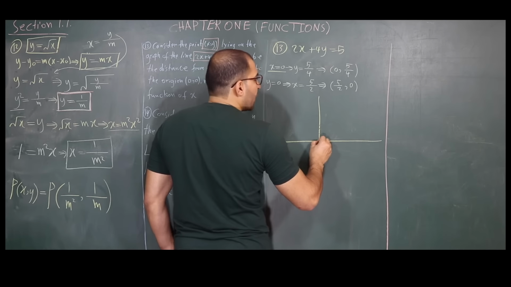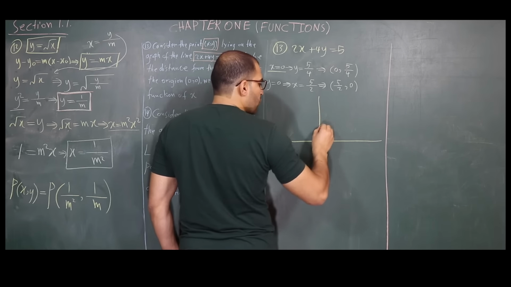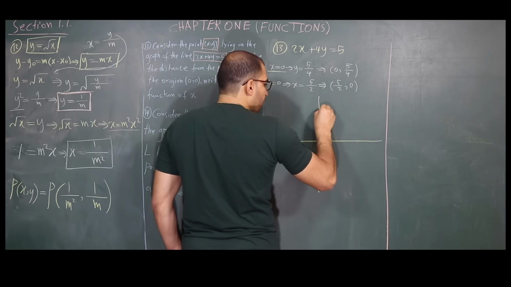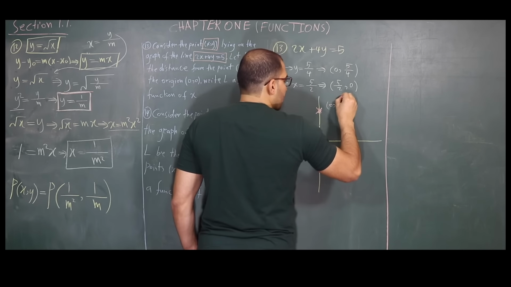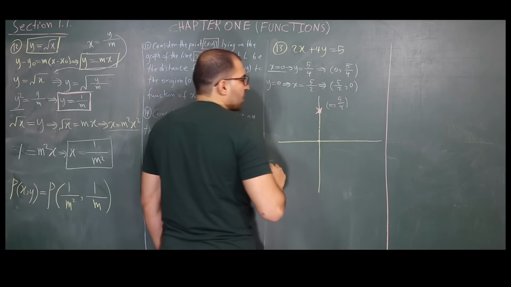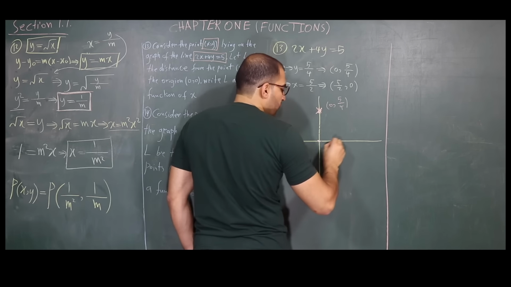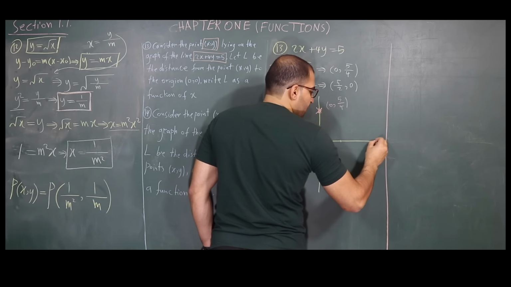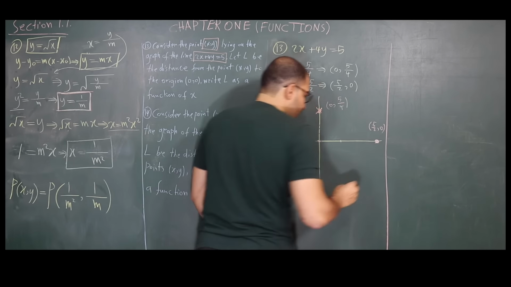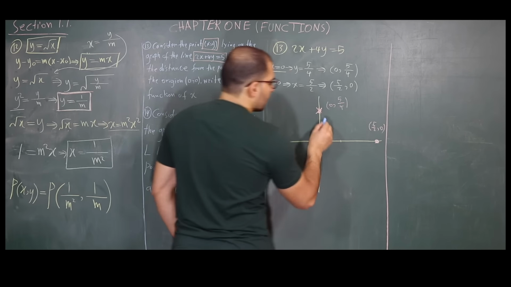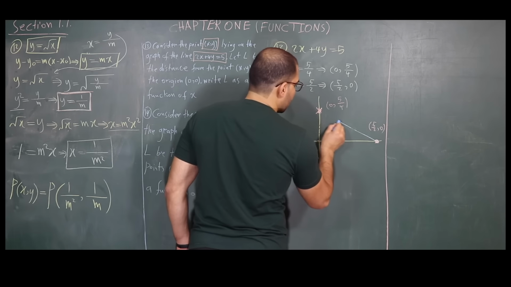So this is the first point, which is (0, 5/4), one and a quarter here, and this is the other point, which is (5/2, 0). And if we want to plot this line, it is just a line.